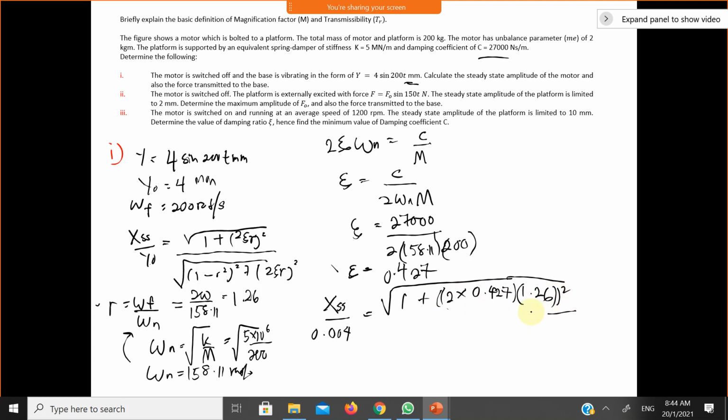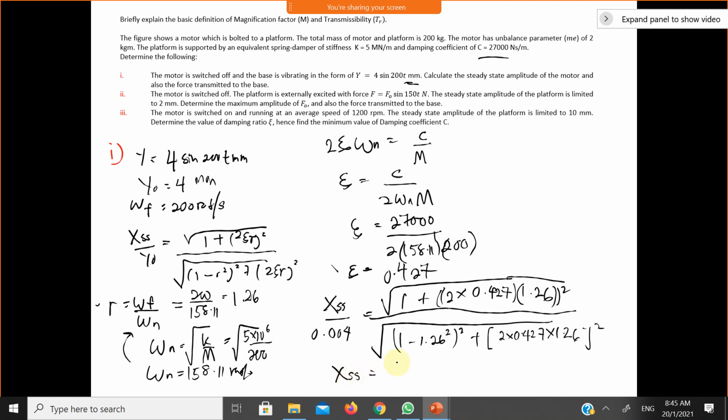Okay, over 1 minus 1.26 squared and plus with 2 times 0.427 times 1.26 squared. Then find what is our XSS.